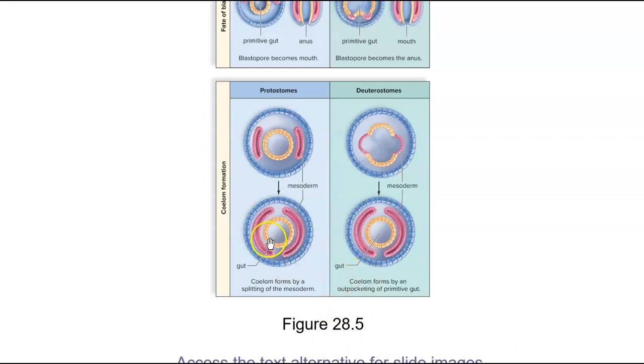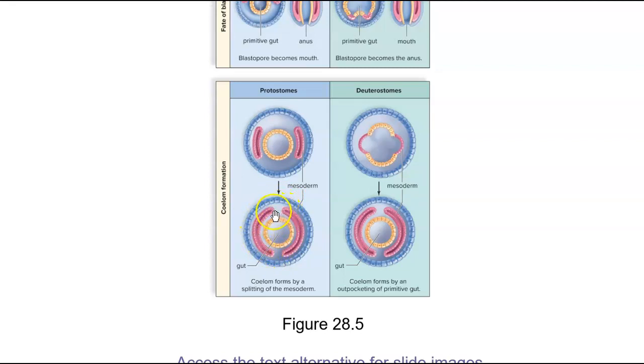So in the protostome, you have the gut, which is lined by endoderm tissue. And then you have the mesoderm here and here. And the coelom actually forms by a splitting of the mesoderm. The coelom is not labeled, but this is the coelom. Just this space. The space between the ectoderm tissue and the endoderm tissue.